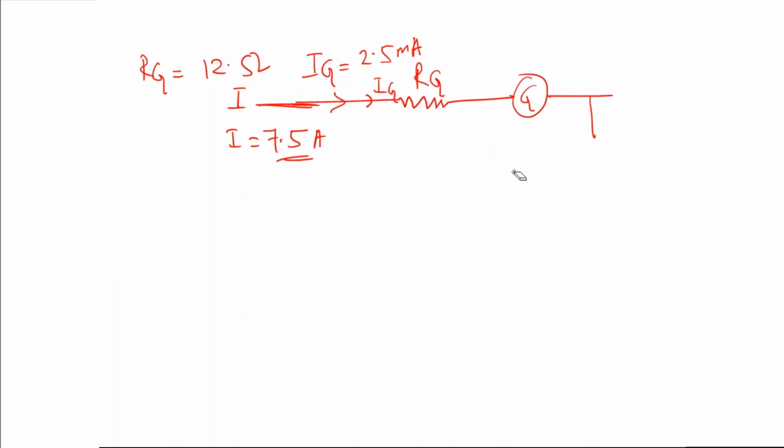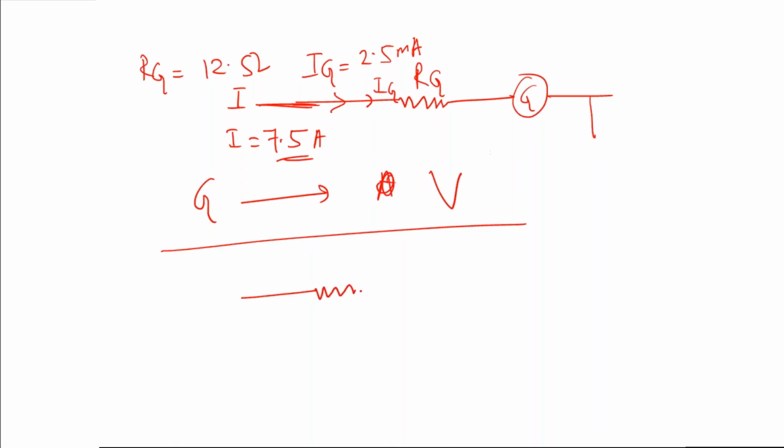When we convert a galvanometer into a voltmeter, what do we need to do? This is the galvanometer with resistance RG. We need to connect a very high resistance in series with this galvanometer.